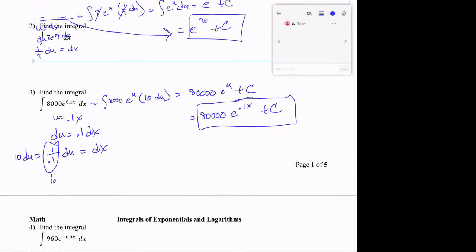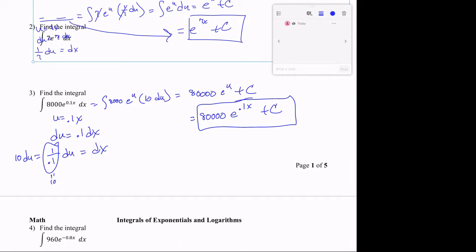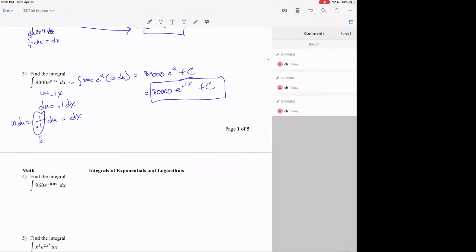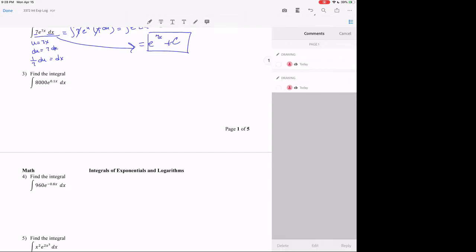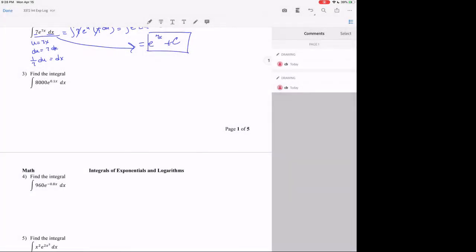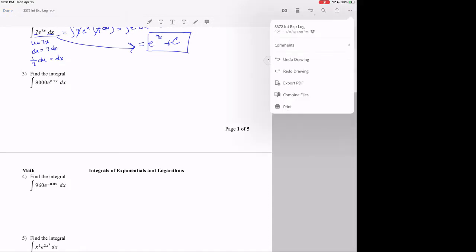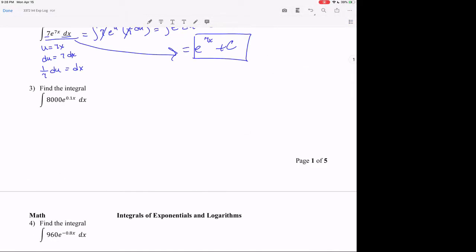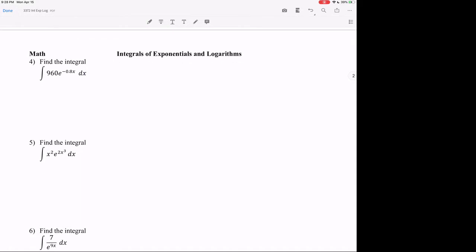For the second one, it's not as obvious. Okay? And my thing is messing up, and so I don't know how to get out of that. Okay, there we go. All right, so it didn't save that last one. So let's go to the next one.